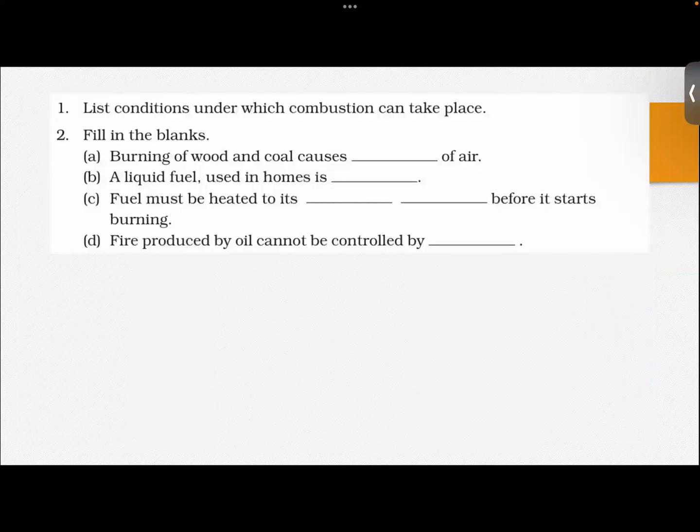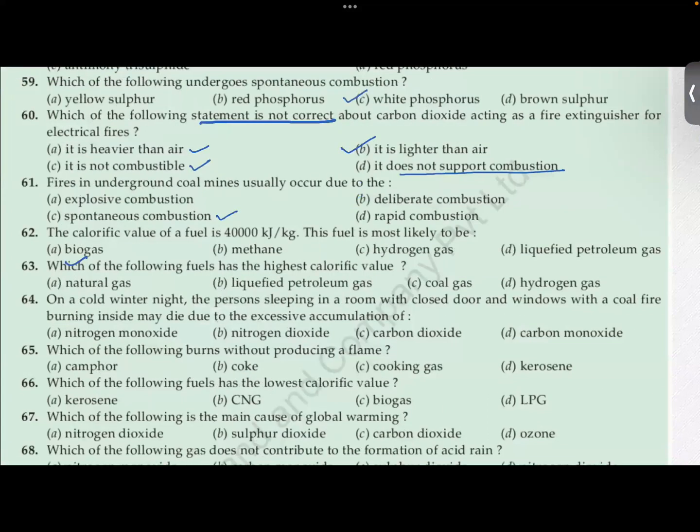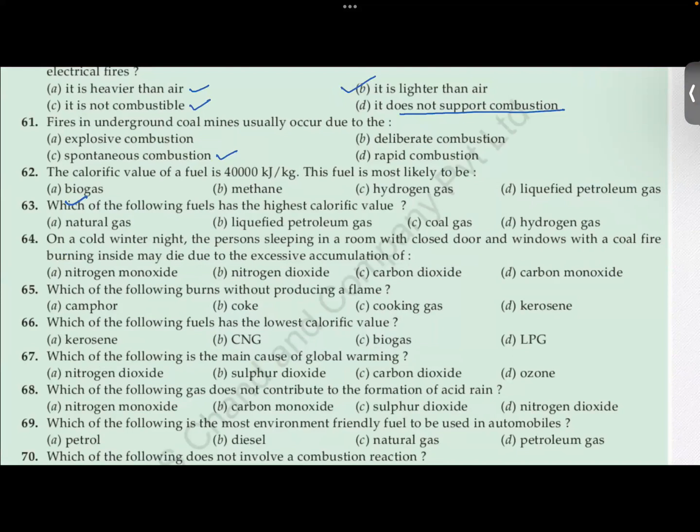Okay, now next question. Let's quickly get done with it since we have to cover flame also today. Question 63. Which of the following fuels has the highest calorific value? The answer is LPG?